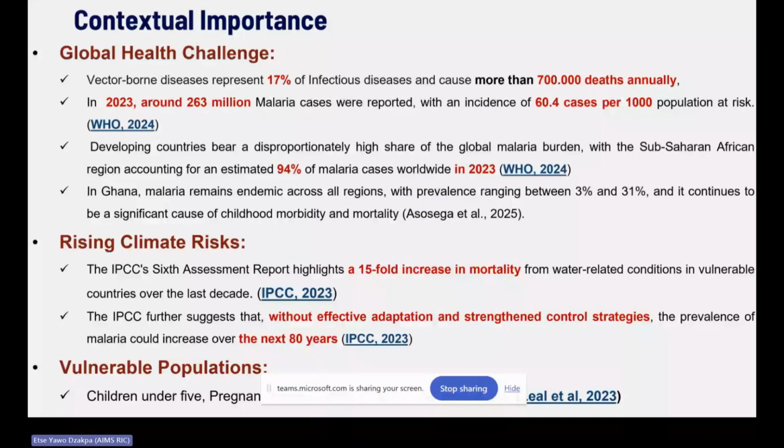Meaning that in our area, we are in a highly endemic malaria area. We need some solution. We need to take action so that we can reduce malaria cases.